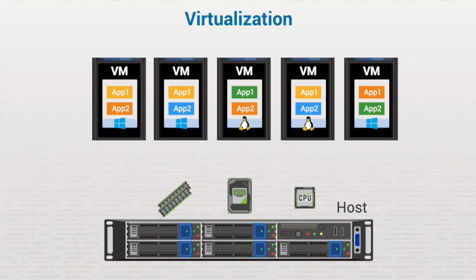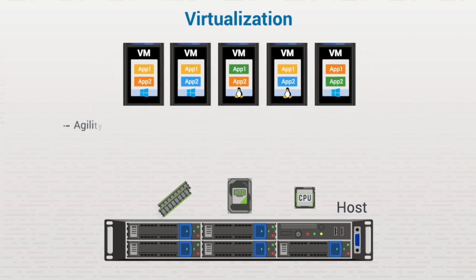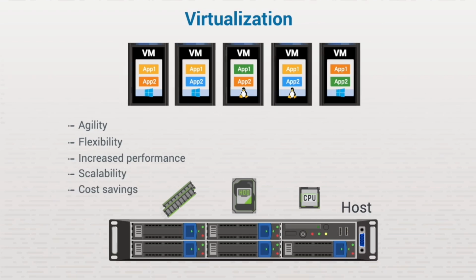So instead of the many underutilized servers in traditional networking, with virtualization, we can put many servers together on one hardware chassis to fully utilize CPU, RAM, disk, and network subsystems. Virtualization increases IT agility, allows for greater flexibility, delivers increased performance, and allows you to scale up quickly while enjoying significant cost savings. We'll get to some more important benefits in just a minute.